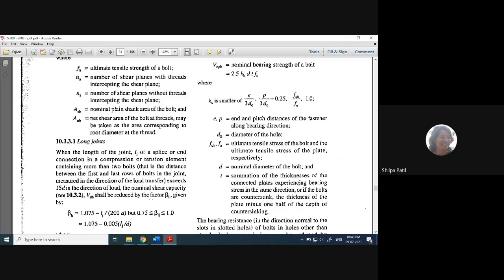For our calculation, think whether we really need to check this long joint or not. For the calculation of bolt value, which value was smaller, which value did we select? We selected Vdsb only, that is the shear capacity. If we had selected the bearing capacity instead, then there would be no question of checking for long joint.